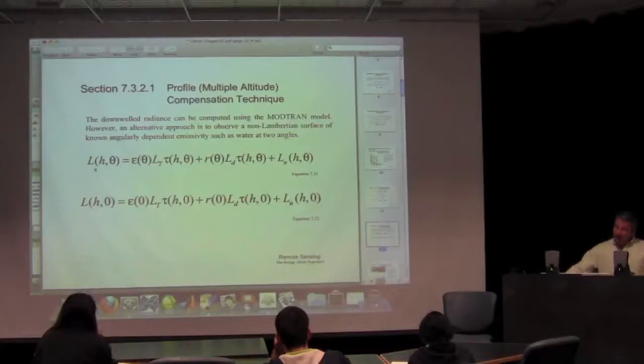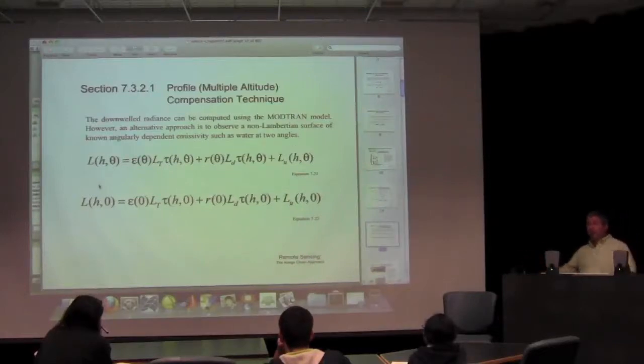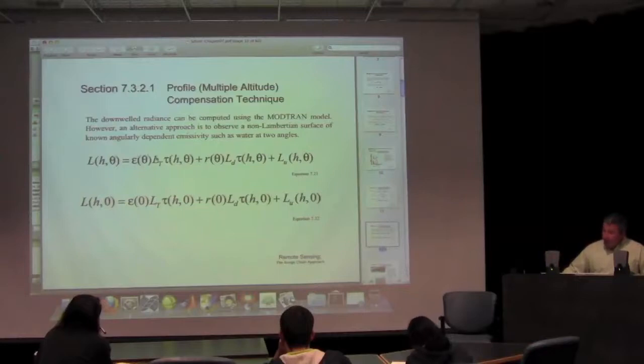All right, now, this radiance and this radiance will be different. Right? If I look at the same target on the ground through a bigger view angle, the radiances are going to change because the path radiance and tau are going to be different at those 2 points. But LT, the radiance leaving the target in the vertical direction or straight up, is going to remain the same. All right?